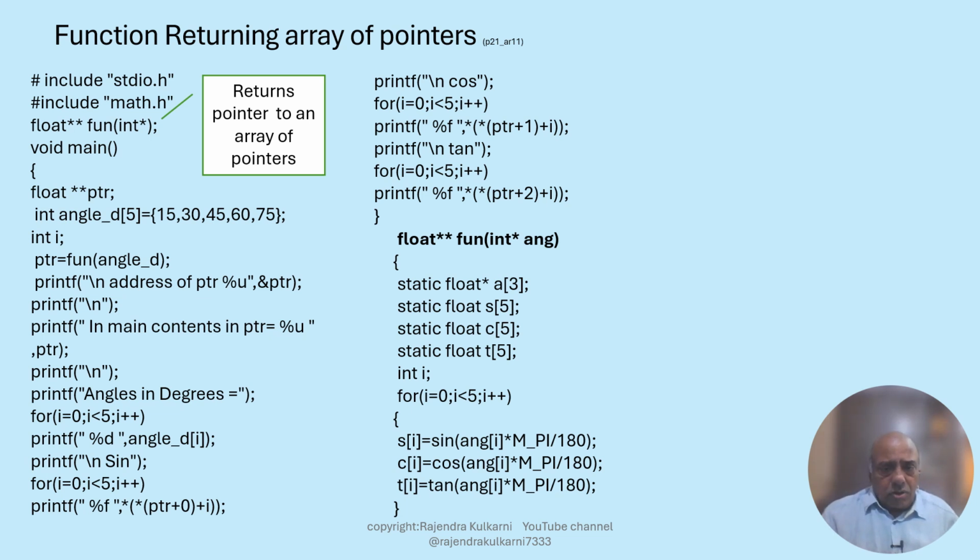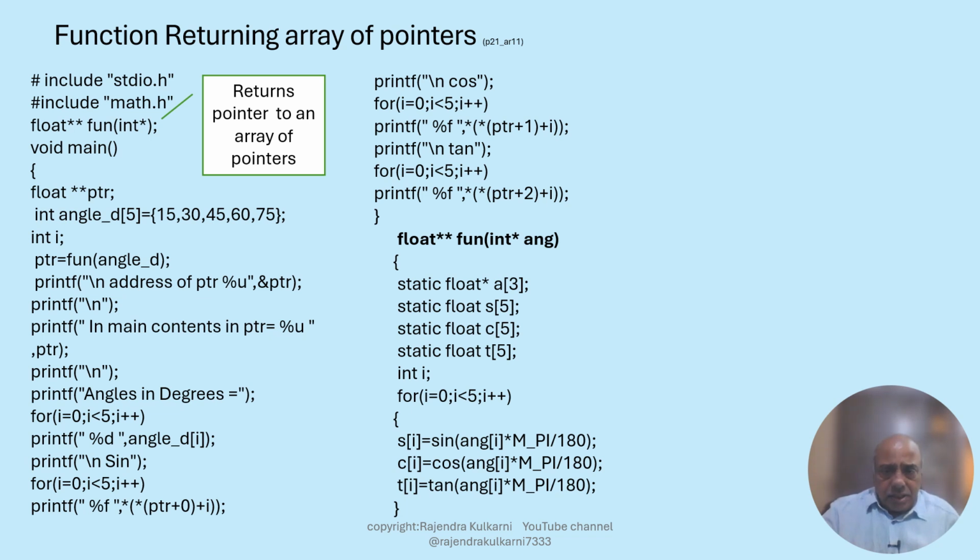Now in this for loop, what we are doing is assigning the arrays s, c and t with the sine, cosine and tan of the angles contained in the angle_d array of main. What is s[i] equal to sine of ang[i] into M_PI by 180?